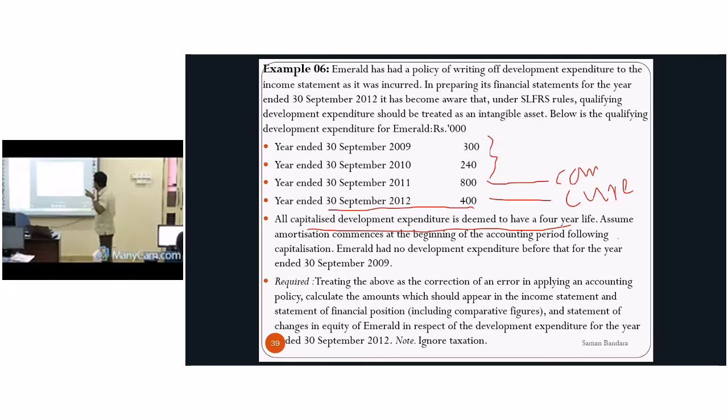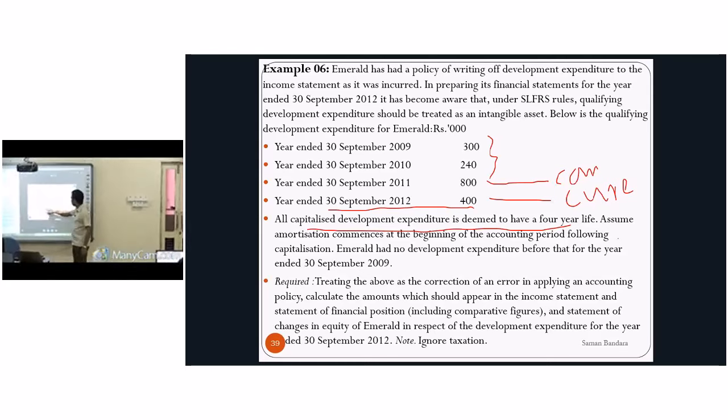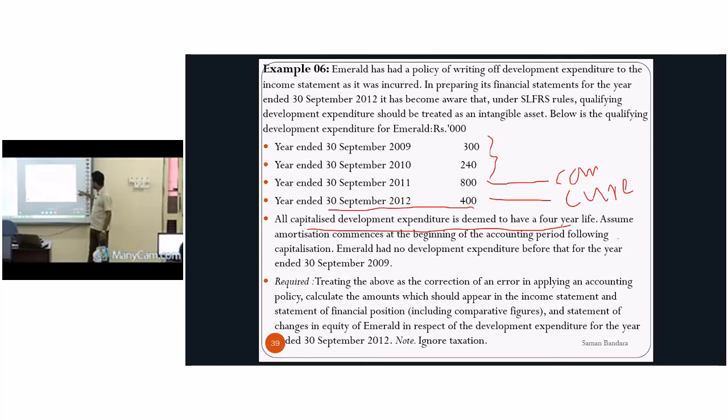But it will be started from the subsequent year. Yeah, it is there. Assume amortization commences at the beginning of the accounting period following capitalization. That means from next year onwards, right? So that means out of this 300 divided by how many years? 4 years.